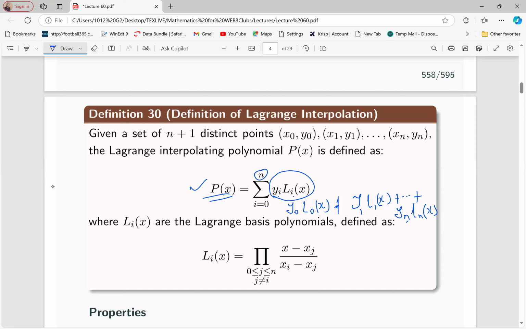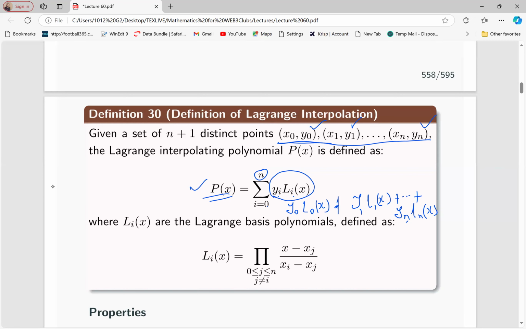So what we need to know is what these l_0(x), l_1(x) are. Of course, they're coming from the points given to us: the first point, the second point, all the way up to the nth point. Now, what is l_i? The formula is here.